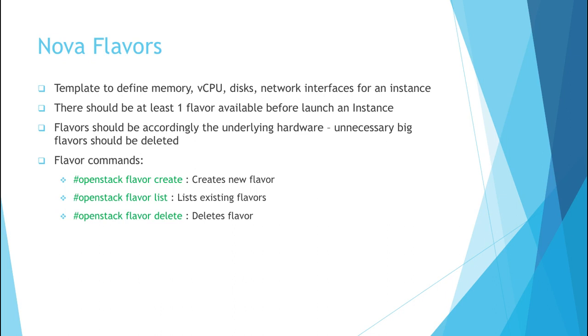You should have at least one flavor available in your OpenStack platform before launching any instance, and this flavor should be proportionate to the available hardware. Suppose you have underlying hardware with 40 GB of RAM available, and you make a flavor of 400 GB RAM, that will not work.